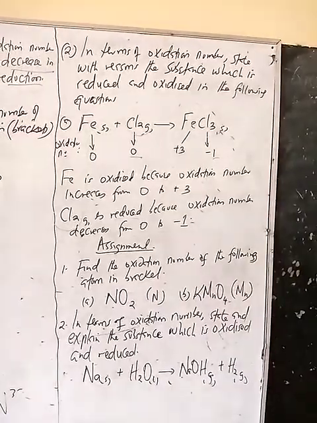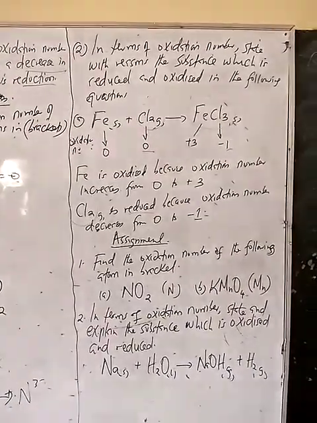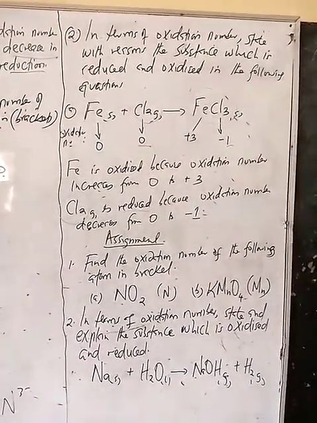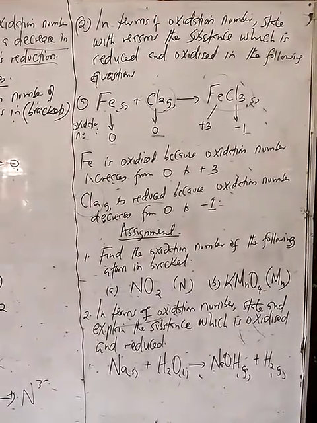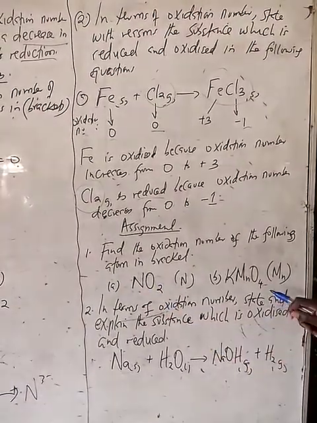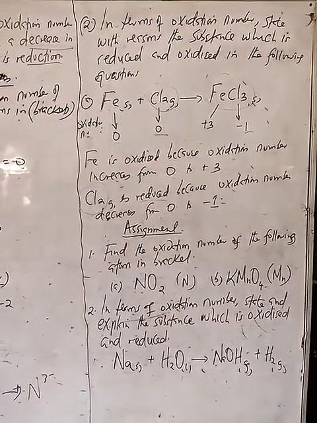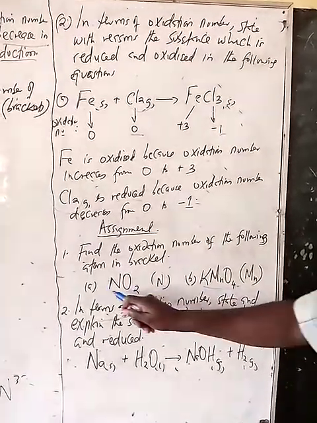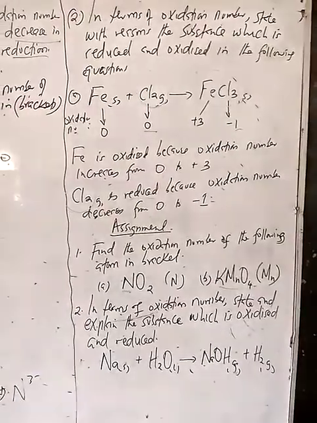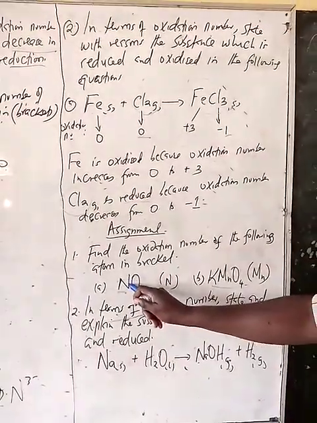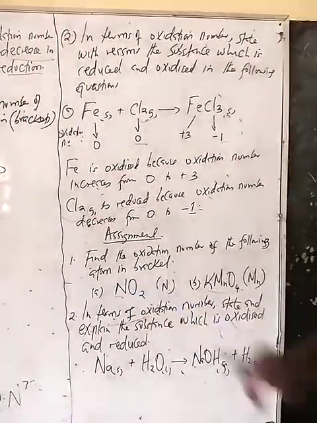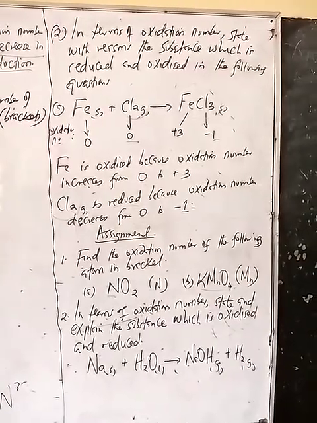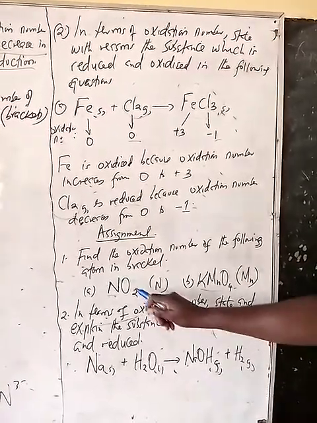Look at this assignment. Find the oxidation number of the following atoms in brackets: nitrogen and potassium in these compounds. If you look at nitrogen, I want to give a hint. Nitrogen, we don't know its oxidation number. But oxygen, we know its oxidation number, which is negative 2.